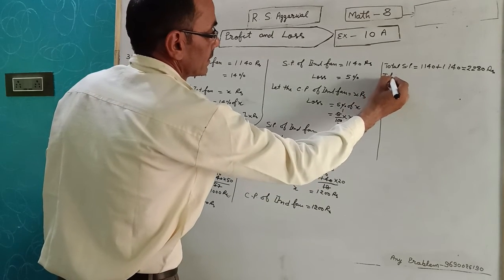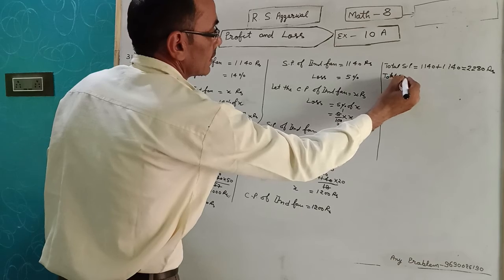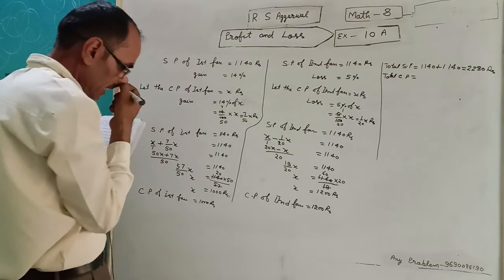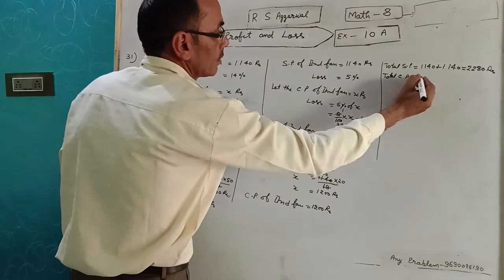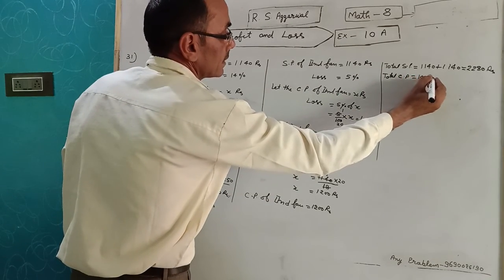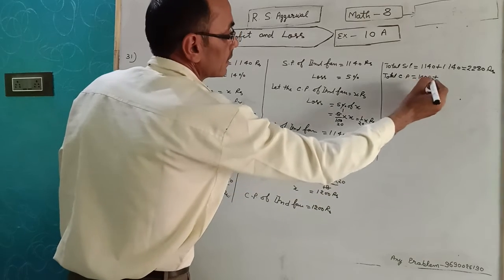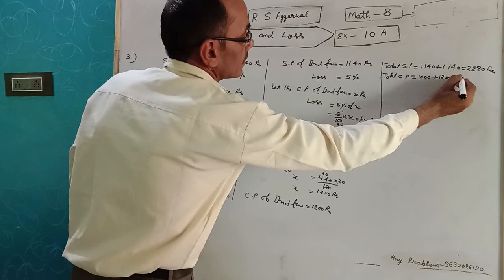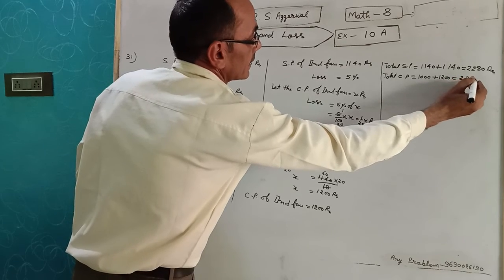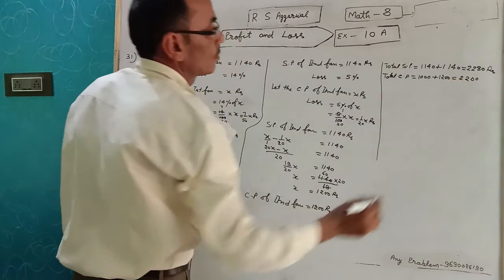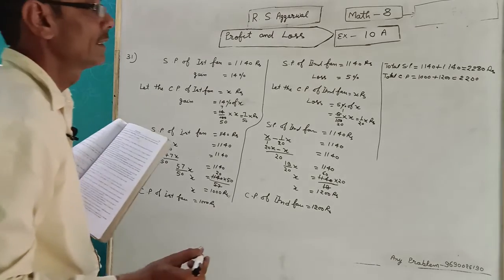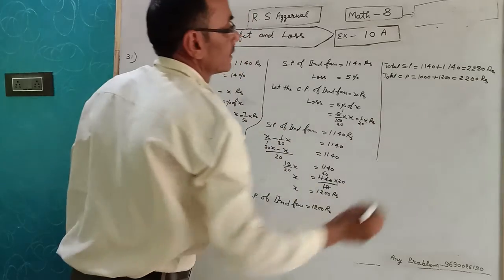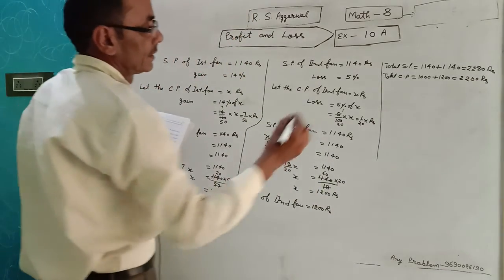Total CP is equal to first CP is 1000, second is 1200. After plus, 2200 rupees. Here SP is greater than CP.